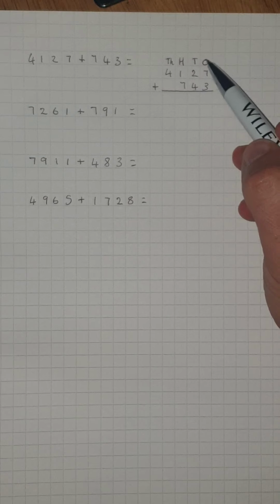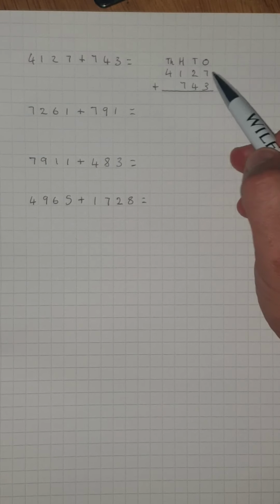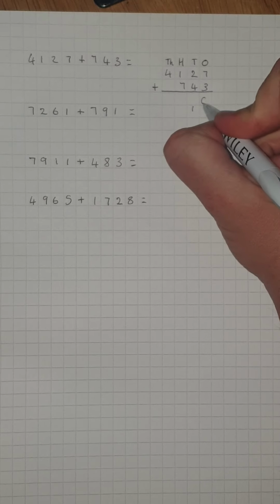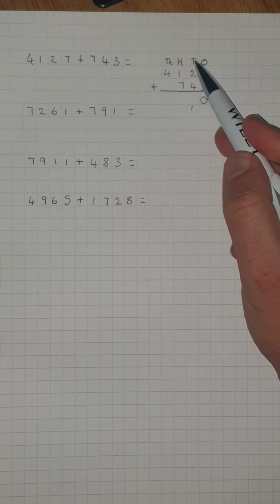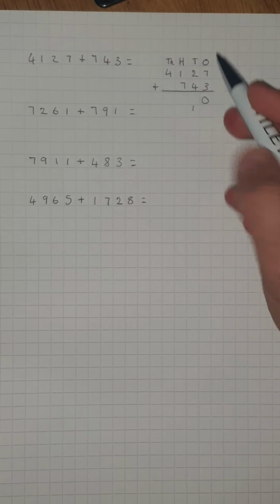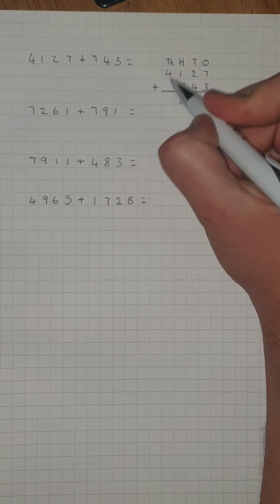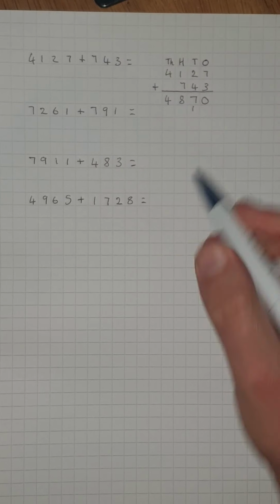So this will demonstrate exchange from the ones to the tens. So 7 and 3 is 10. 10 ones can be exchanged for 1 10. 2 and 4 is 6. Add 1 is 7. 1 and 7 is 8. 4 and nothing is 4.